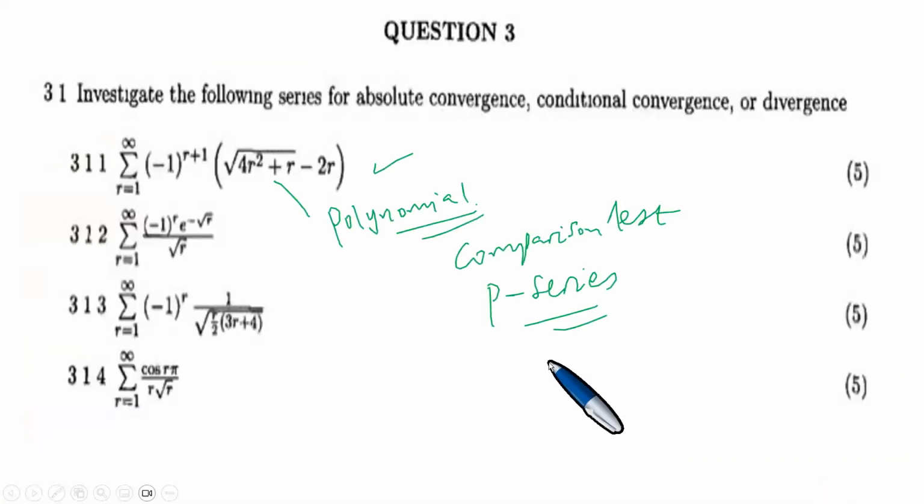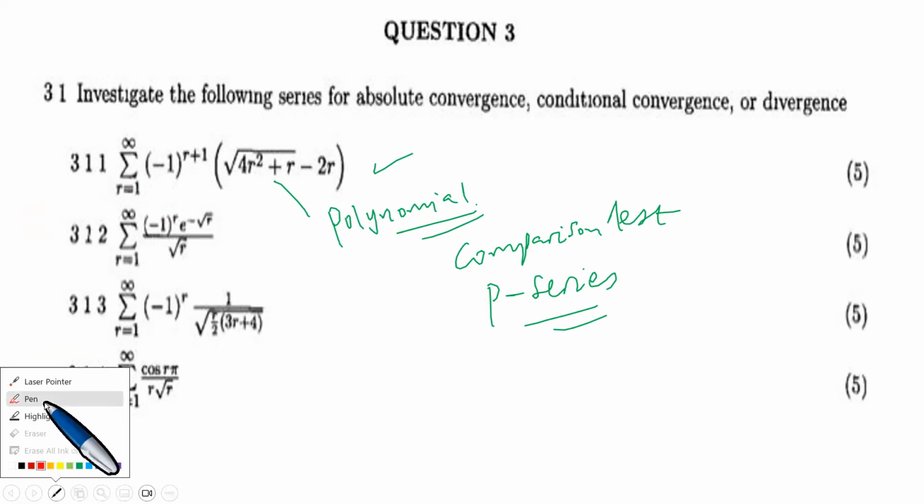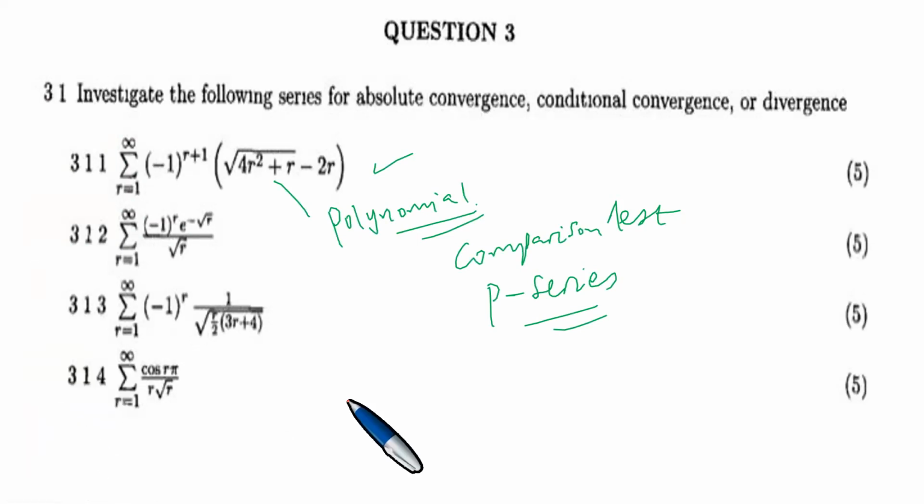If it fails, like the first one, my immediate suspicion is that the vanishing condition is going to work. Let's try the vanishing condition. But another test that we can use is the comparison test. What does the comparison test say? We can extract some higher powers and higher degrees.